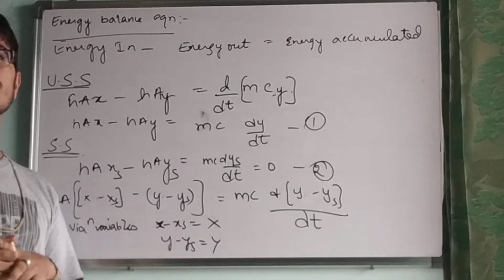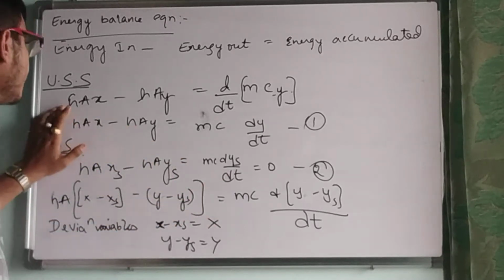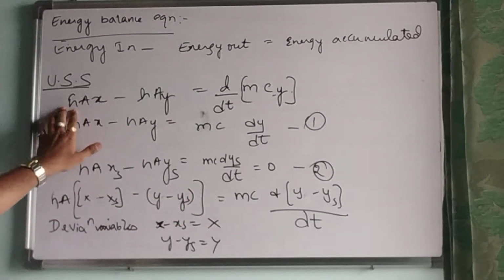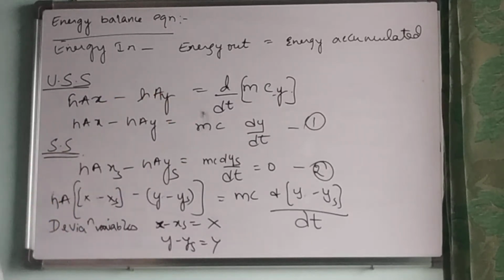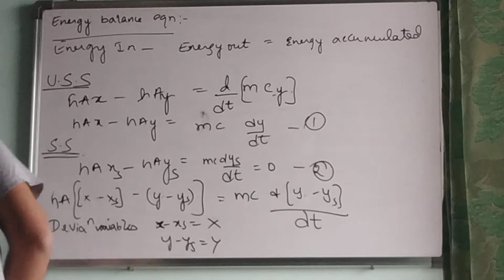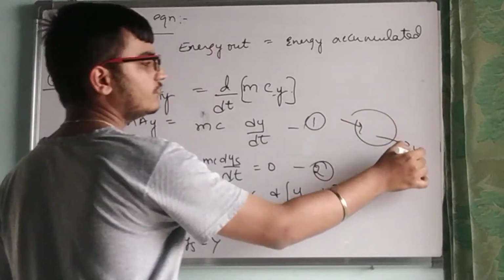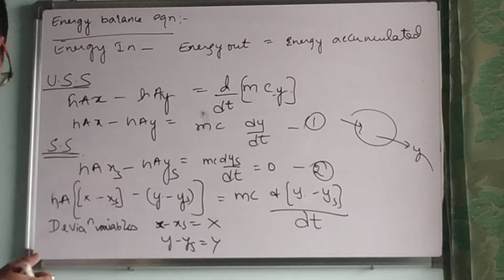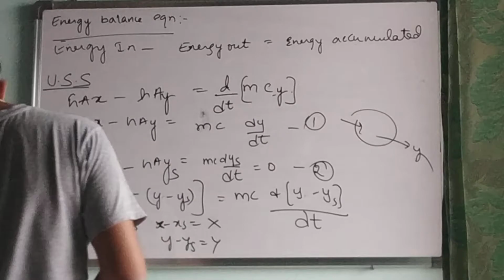It is in the form of heat, right? So energy balance for heat. Let us take X as your input and Y as your output. You have to determine Y of S by X of S.